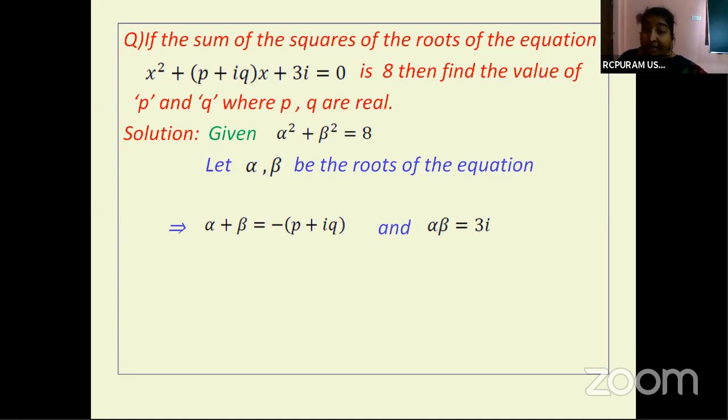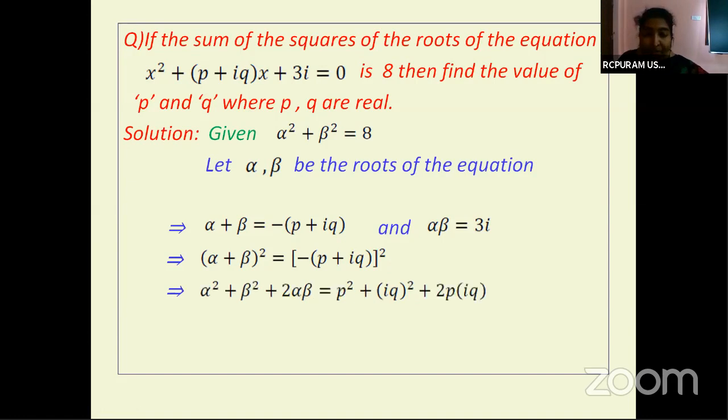So alpha plus beta we know, alpha into beta we know. And not only that, the extra condition we are given is alpha square plus beta square is equal to 8. So we'll just consider alpha plus beta whole square, children. Alpha plus beta whole square is nothing but minus of p plus iq whole square. We will expand this alpha plus beta whole square by taking the a plus b whole square formula.